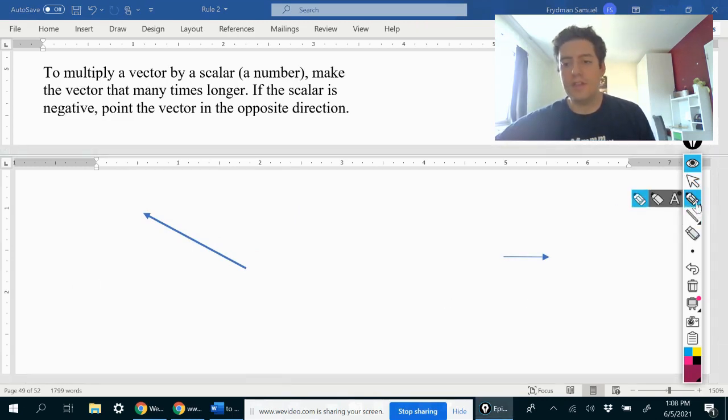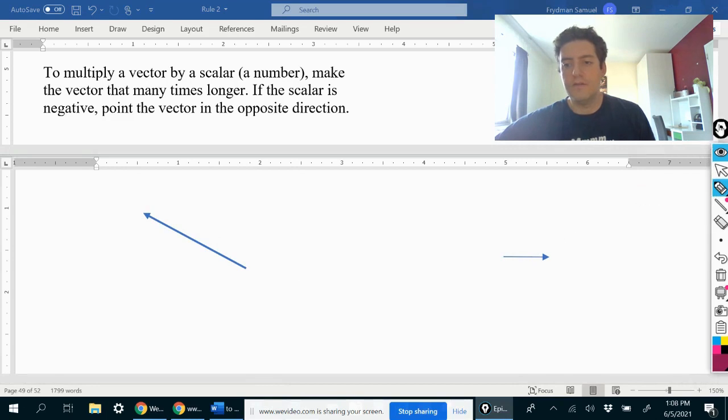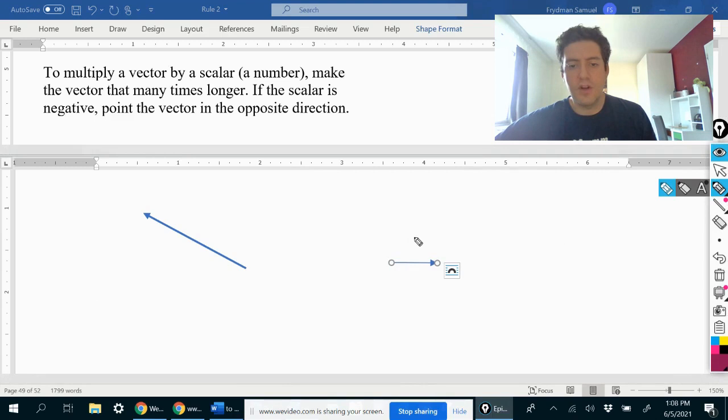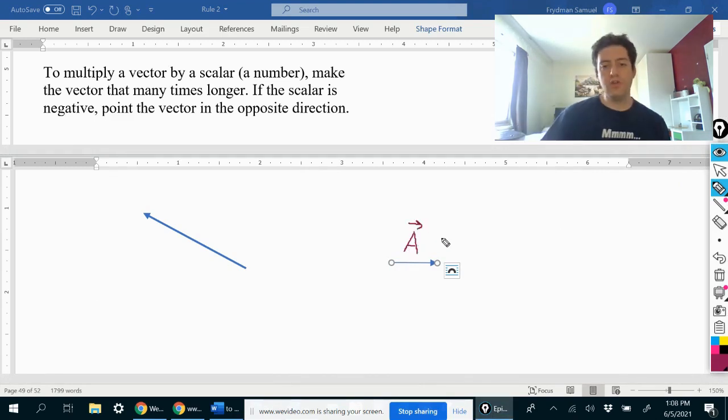Let's call this vector A. Okay, just a little notation. When you're talking about vectors and you want to name them, very often people will put a little arrow above the letter just to indicate that A is a vector. A is not just a plain number.